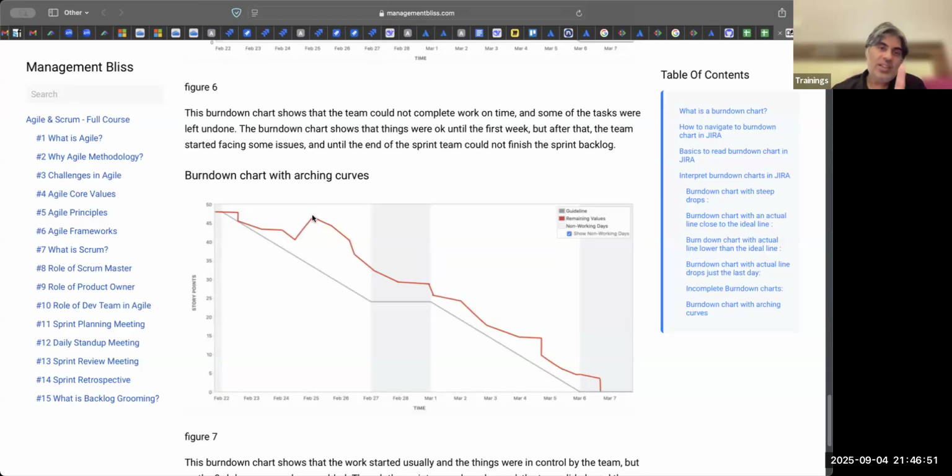But again, this is a little confusing. We are not sure, but it still gives you some idea that there is a scope creep. So we'll get into burn up. It will tell us more details on scope creep. The other important part is that this is fine. This is slow, but still they are progressing well, and they finished it.